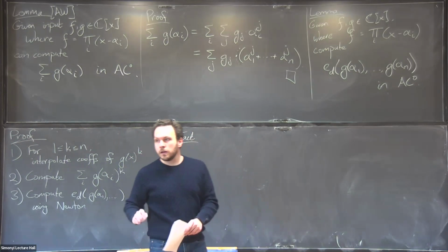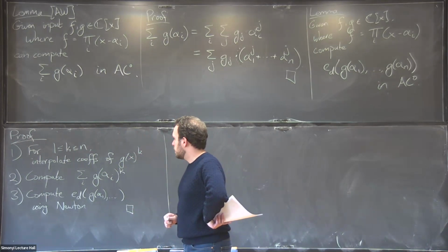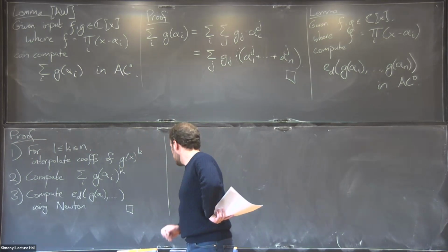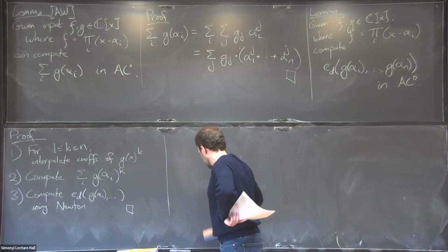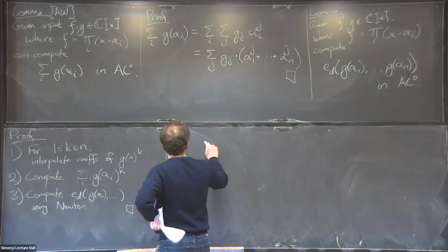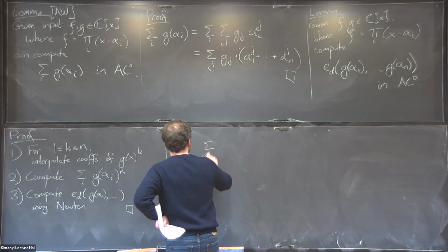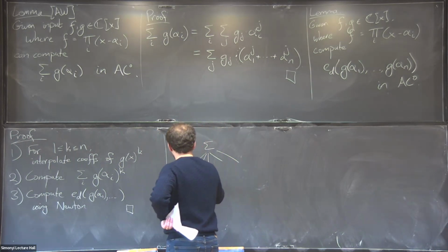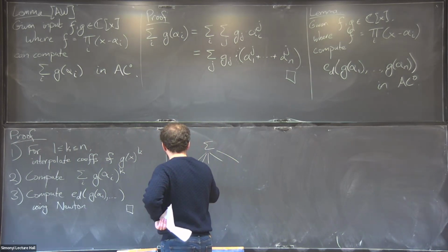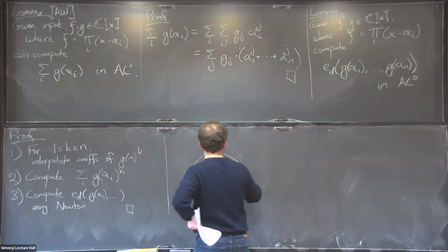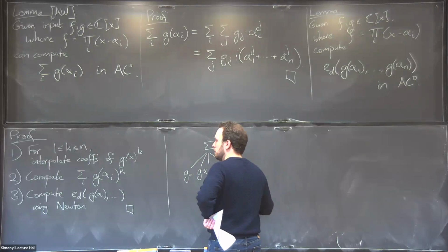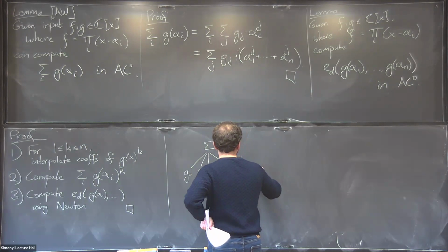Why can you interpolate in constant depth the coefficients of the g to the k? So here, how would I compute g? I have g0, I have g1 times x, g_m times x to the m.